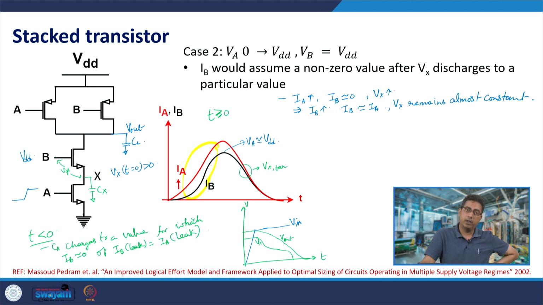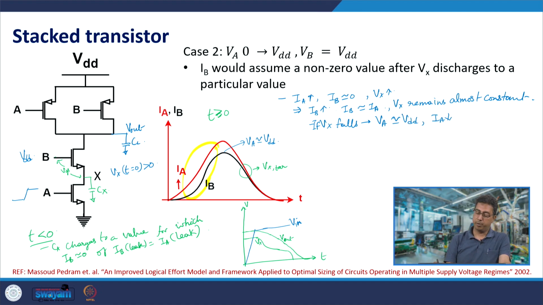When the input voltage of A reaches near VDD, and by that time the output Vout starts discharging because Vx has reduced, any further decrease in Vx would make Ia fall, since Va is nearly equal to VDD.